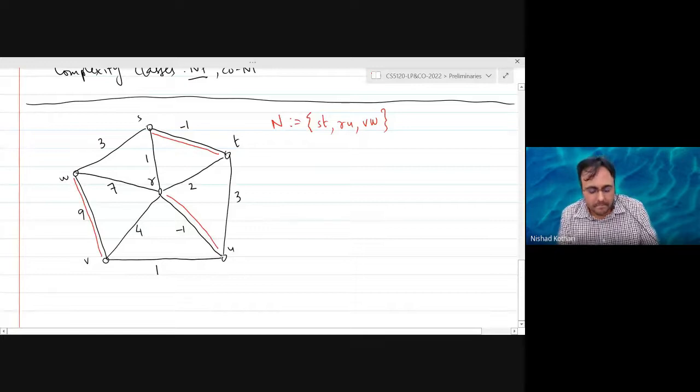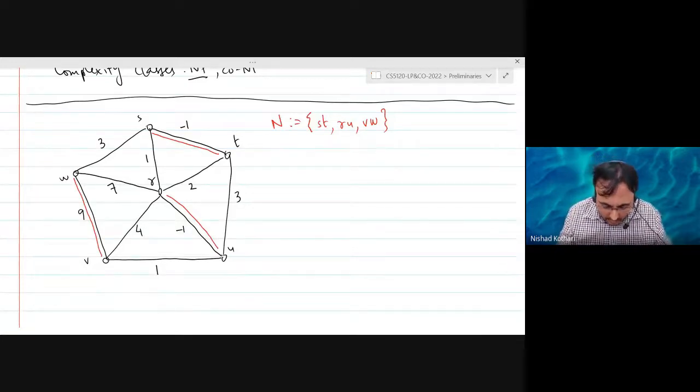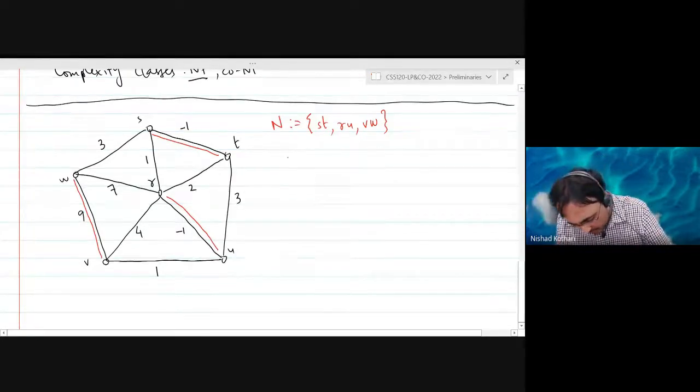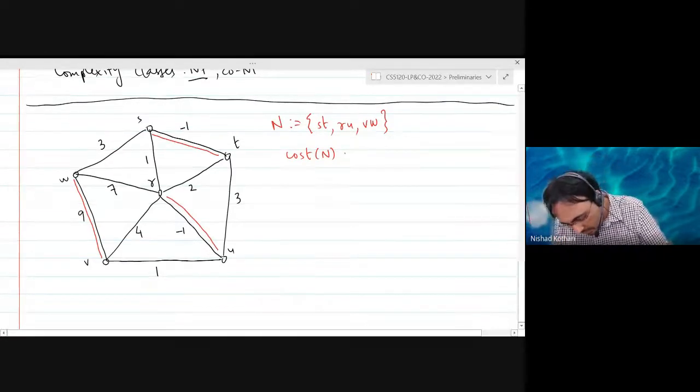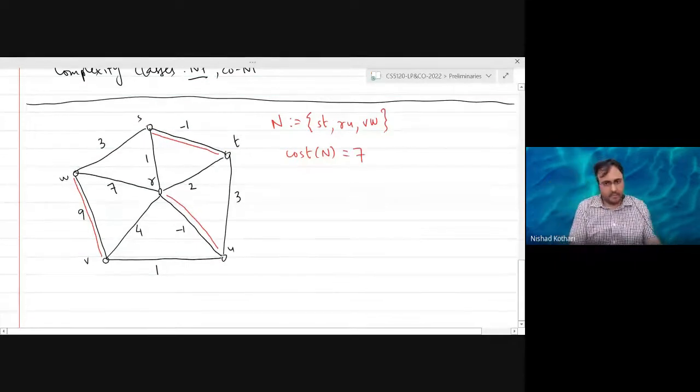Okay. So what is the cost of N? Nine minus one equal to 7, right? Okay. We will just call it C of N.